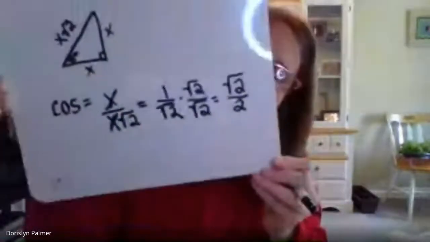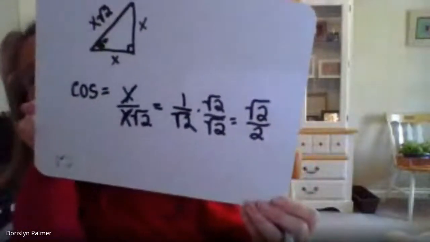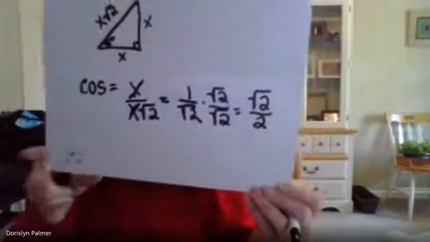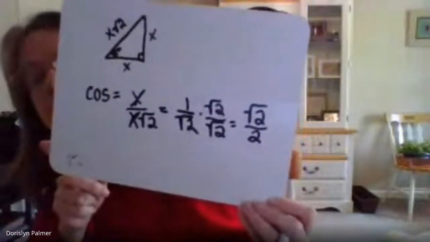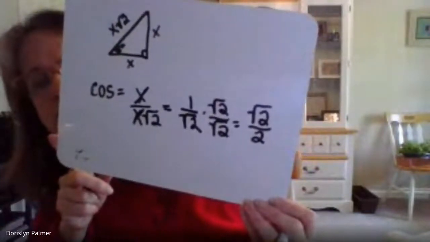And they want you to express that also as a decimal. So go ahead and use a calculator for that and do root 2 divided by 2. If you don't have a calculator handy, you can always pop it into your Chromebook. Just Google calculator and pull one up. I like to use the one on my phone.